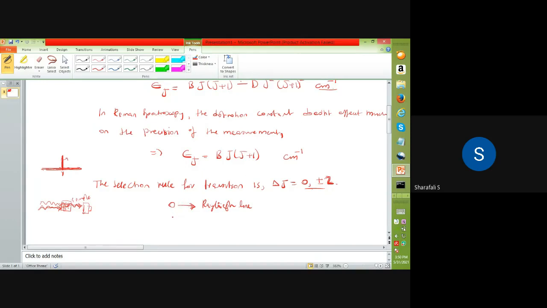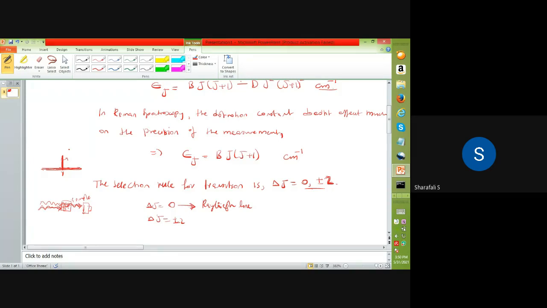And delta J equal to plus or minus 2 means that there is some transition happening, so the radiation which comes out will be changed because of that.